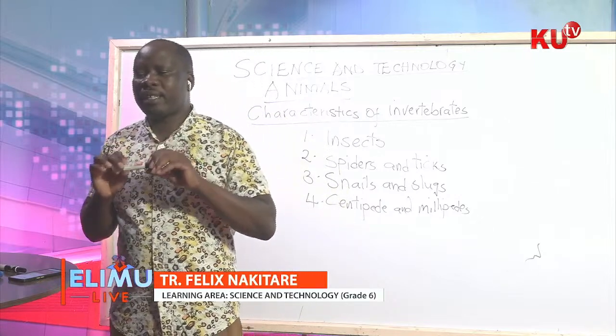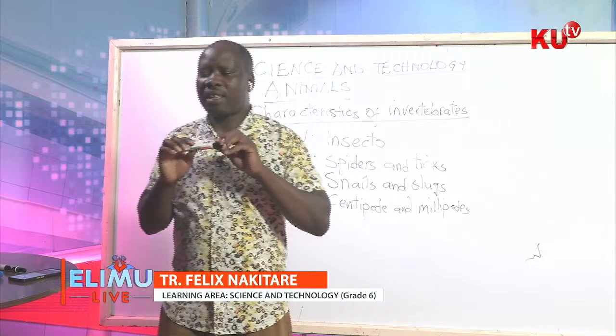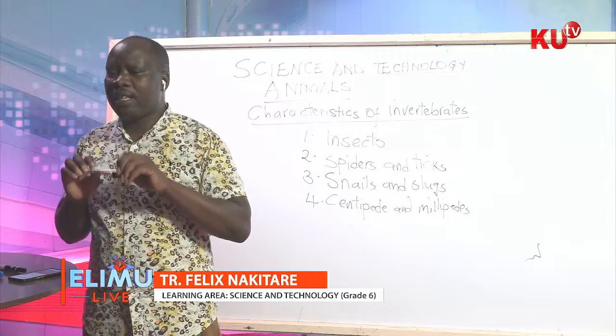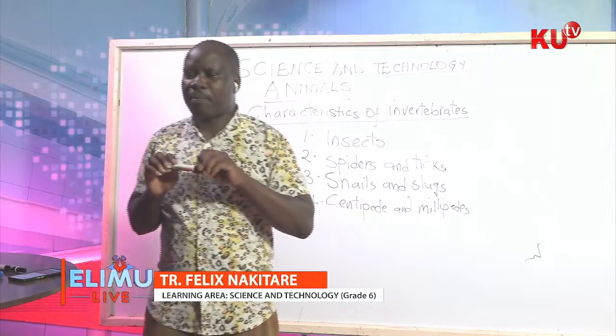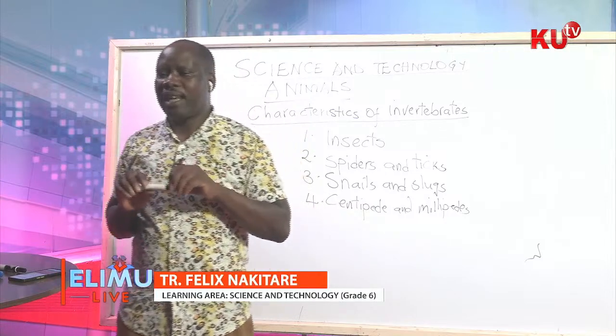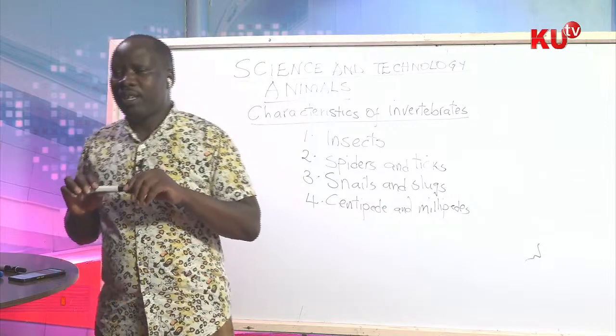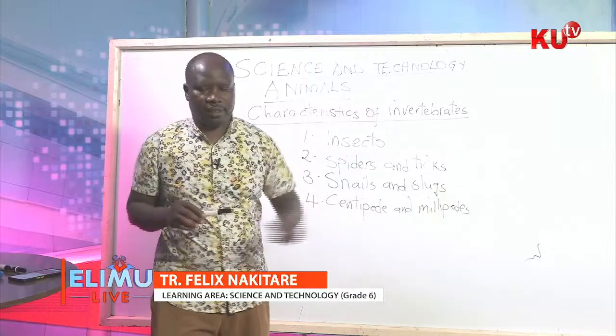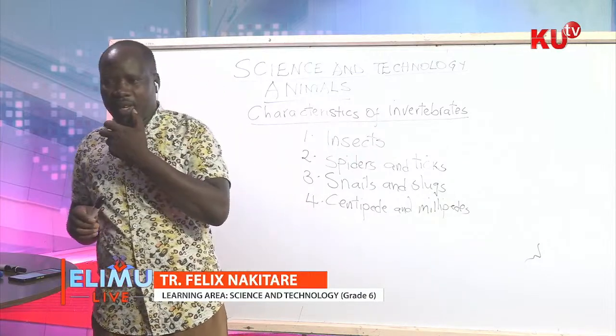So all insects have a hard outer covering part, which looks like the skin, and it is called exoskeleton. Having known those 5 characteristics, let's go through them again.